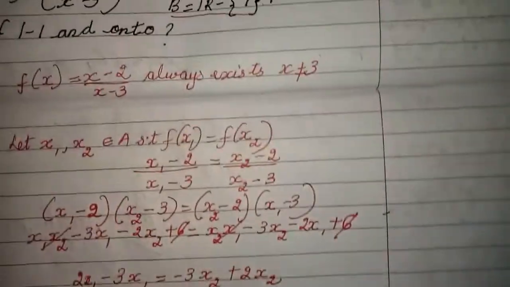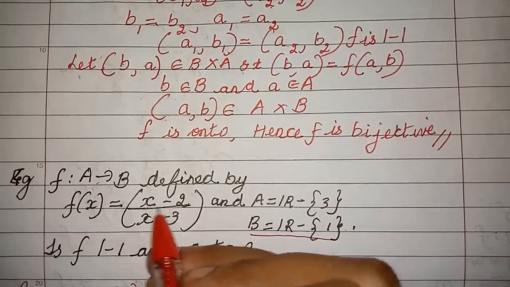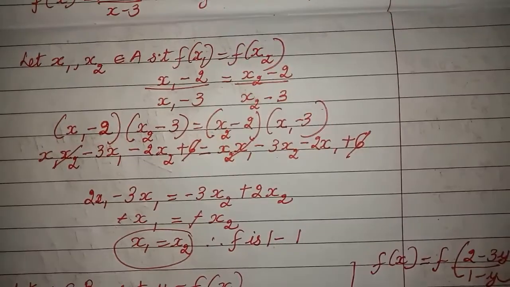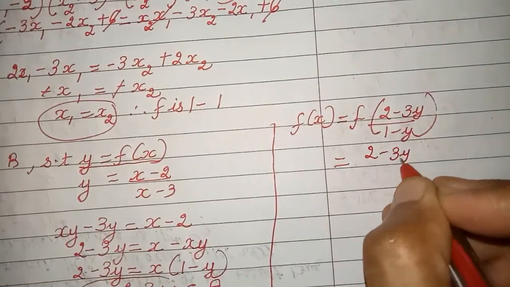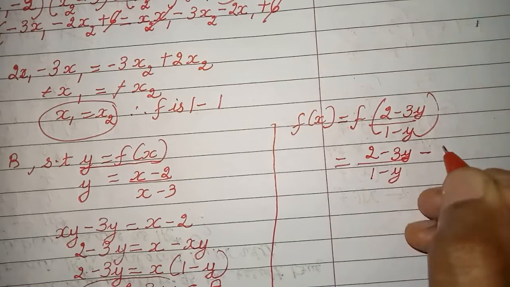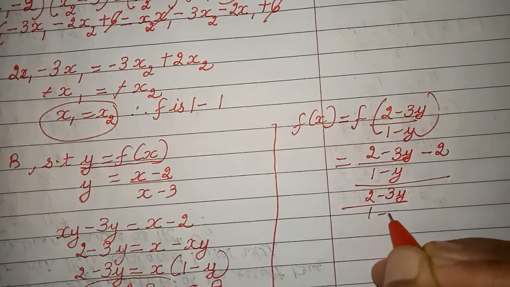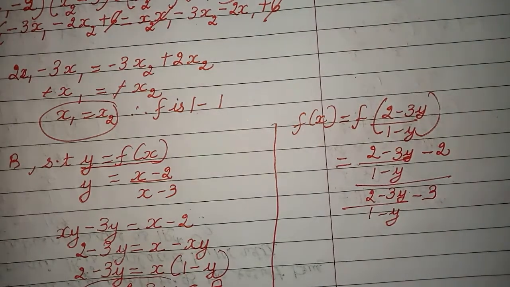Now how is your function f defined? f is defined as x minus 2 upon x minus 3. So how will it be looking, children? This is one whole number: this number minus 2 upon this whole number minus 3. Okay, now the usual calculations.